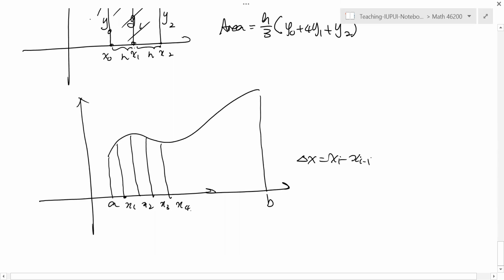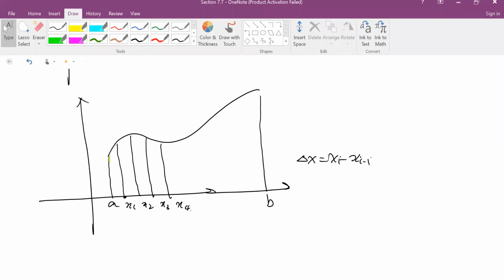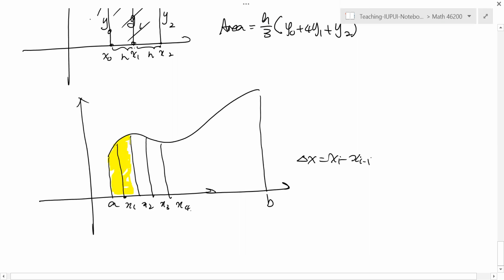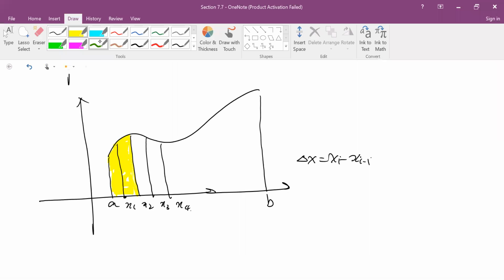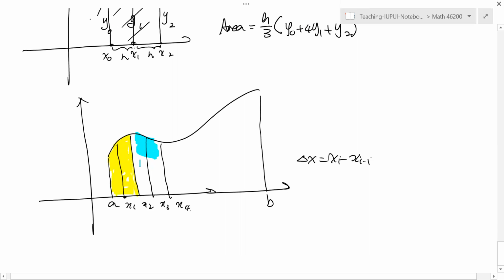Right now I'm going to use a pair of those, and then just keep it going.